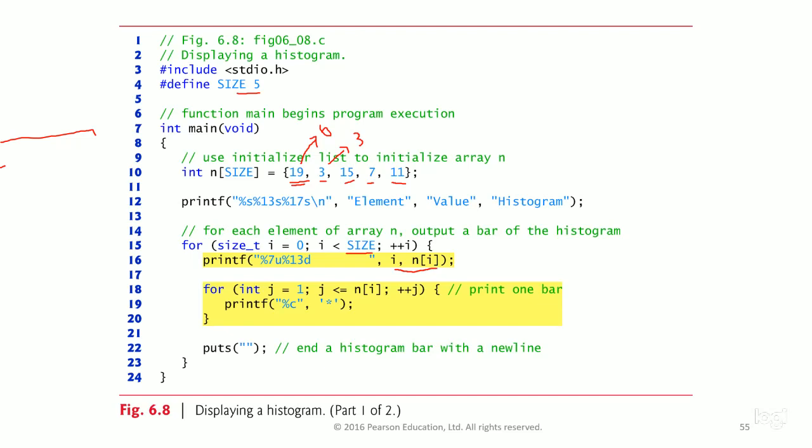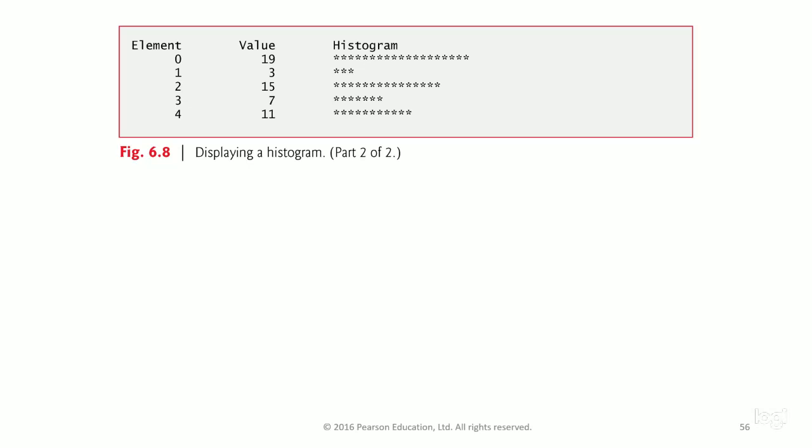So the first thing you're going to print is 0 and then 19, and then after that you're going to use a for loop to print asterisks equal to the number contained at that location. So the first time you're going to print 19 stars, second time you're going to print 3 asterisks, and this basically gives you a histogram. So element number 0 occurs 19 times, and then the histogram basically contains 19 stars. Element number 1 occurs 3 times, and the histogram basically has 3 stars. So this is just what a histogram is.